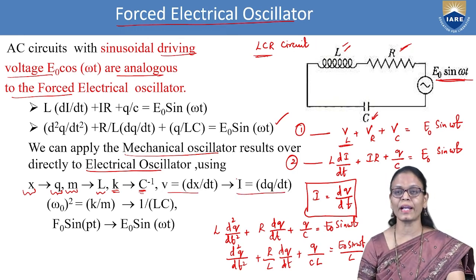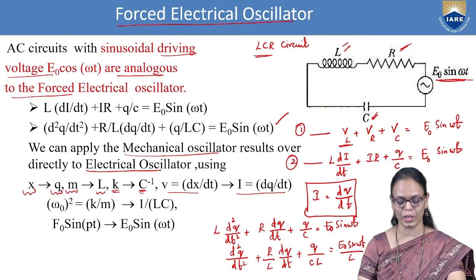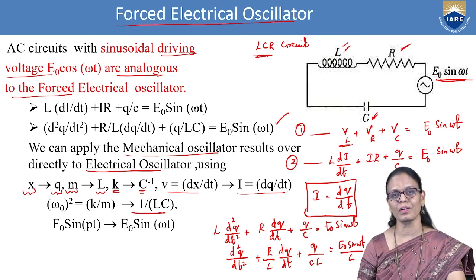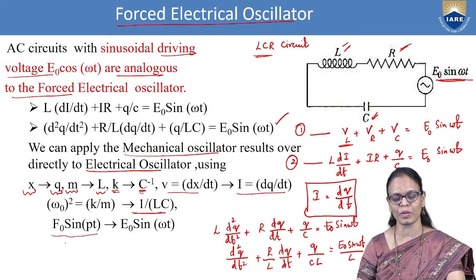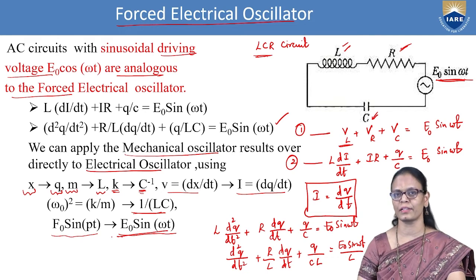Once you get this analogy, you will be able to clearly understand the electrical oscillator. There we have taken the angular frequency omega square equal to k by m, and here omega square will be given by 1 upon LC. F naught sine pt is the driving force there; here it is E naught sine omega t.